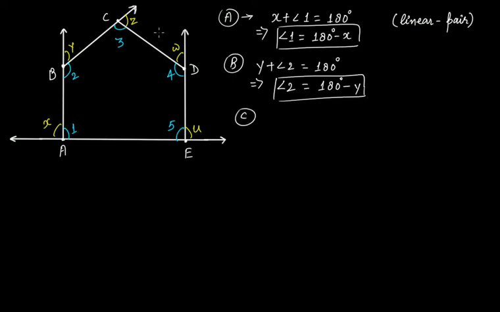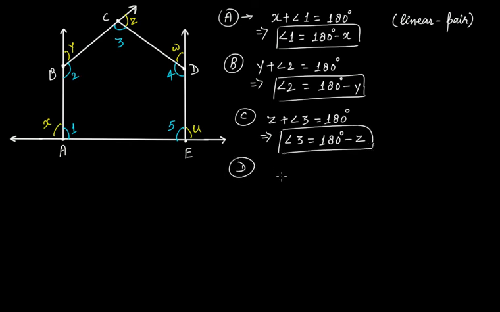From vertex C, you get z plus angle 3 is equal to 180 degrees, and from here you get angle 3 as 180 degrees minus z.